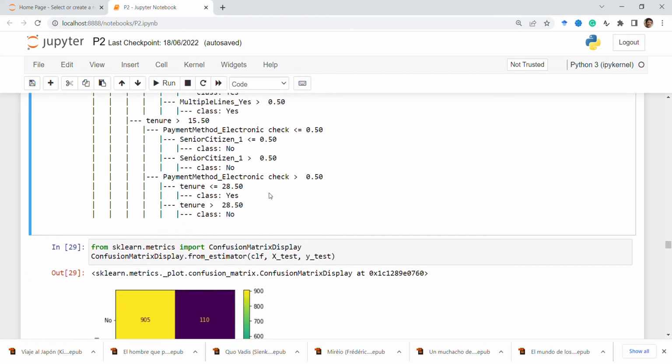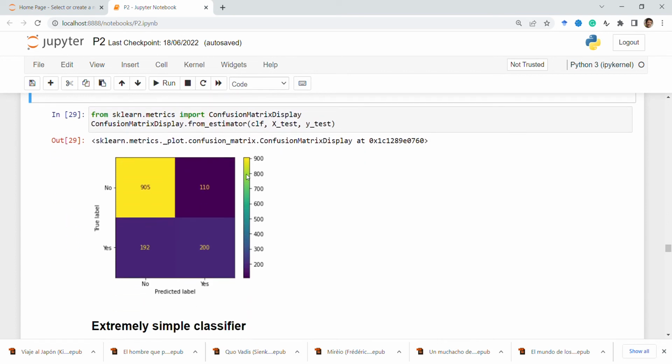Something useful when you construct a classifier is to look at the confusion matrix. So the confusion matrix is a matrix in which we show what is the true label and what is the predicted label. So you would like to have all the people distributed in these diagonal cells. So this cell is those people who will not leave the company, and you predict that they will not leave the company.